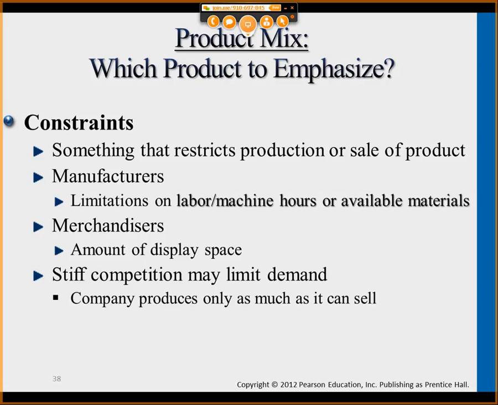When we have some limitations on labor or machine hours or materials that are available to our production. Merchandisers. How much space do we have to display the product? And the stiff competition that might limit our demand. So a company is only going to be able to produce as much as it can sell. So we have to take into account these constraints when we're deciding what is the product mix and if we need to drop either of the products in it.